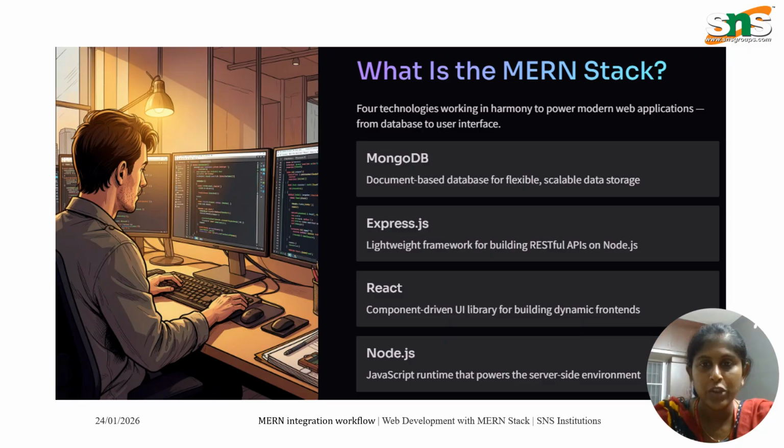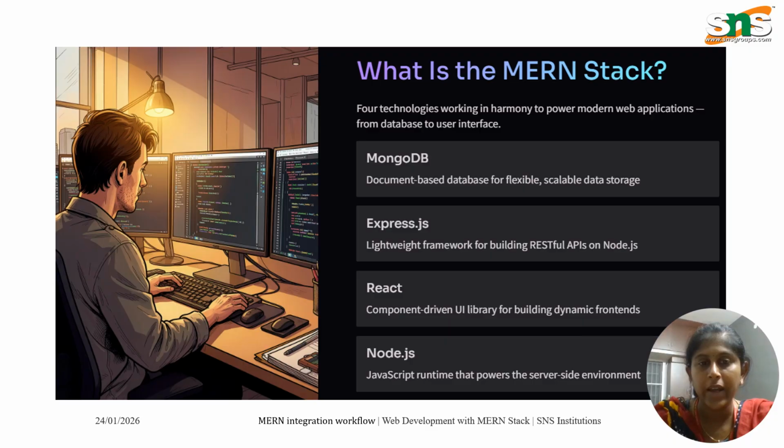Now let's understand each component in the MERN stack. First, MongoDB. MongoDB is a NoSQL database that stores data in flexible JSON-like documents. It is highly scalable and suitable for modern applications. Second, Express.js. Express is a lightweight backend framework used to create APIs and manage server-side logic.